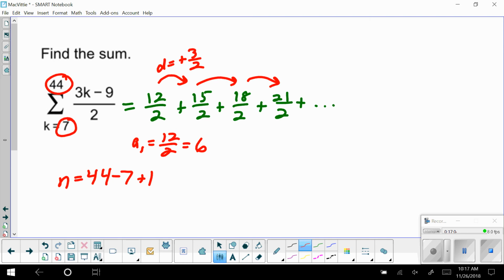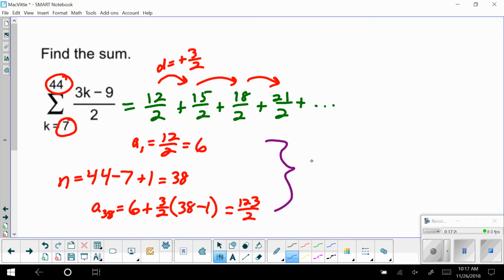So my n is 38, which then means that a sub 38 is my first term plus my common difference times n minus 1, which gives me that my 38th term is 123 over 2.